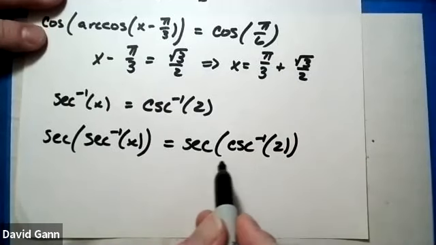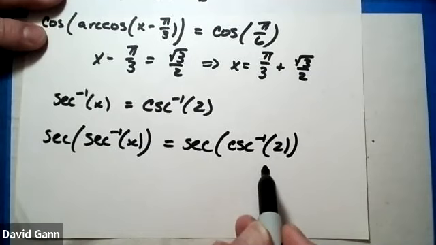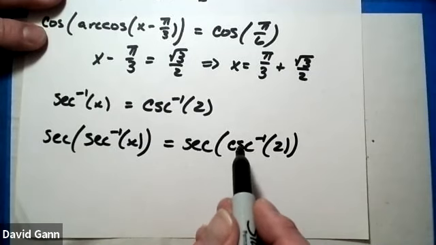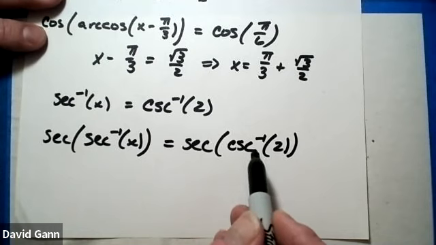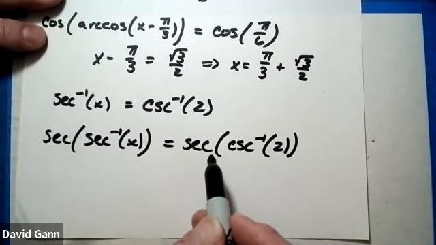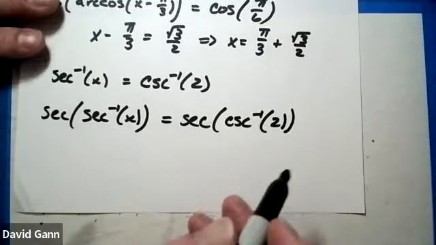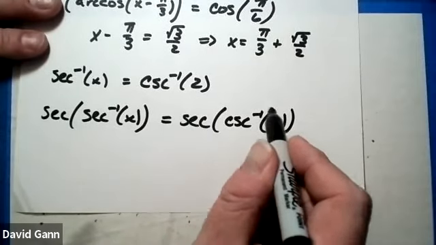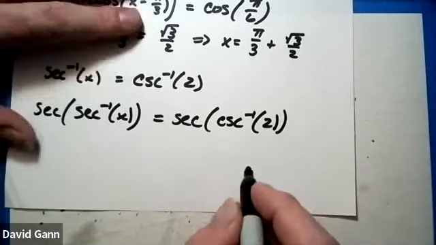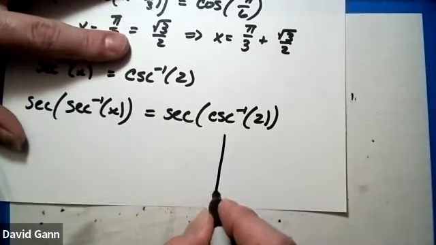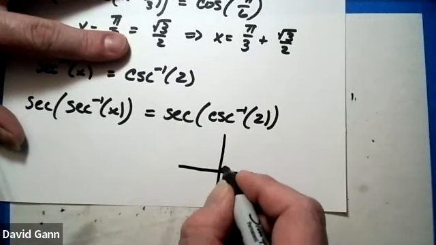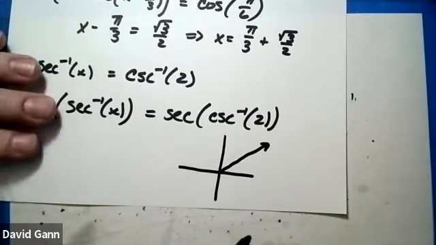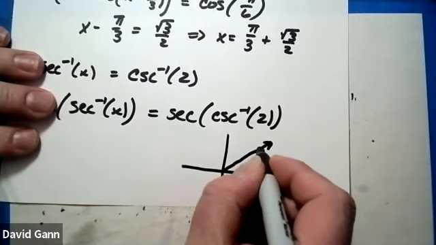And remember, these are the kind of things we dealt with in section, I believe it was 6.1, where we have these kind of mixed bag inverse trig functions of one type with a trig function of another. And what I said is, if you're taking a trig function of an inverse trig function, this is an angle. And we need to basically draw the picture for that angle. We know it's an angle in quadrant 1, and we need to figure out what its x, y, and r value is for a point out there on the ray.